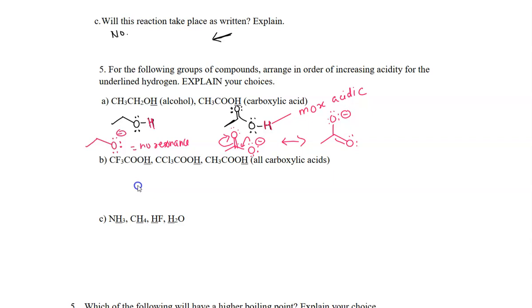The next question is asking again with a few compounds that are given here. So you can draw this out. Now the first molecule has a few fluorine atoms. The second molecule has a few chlorine atoms.